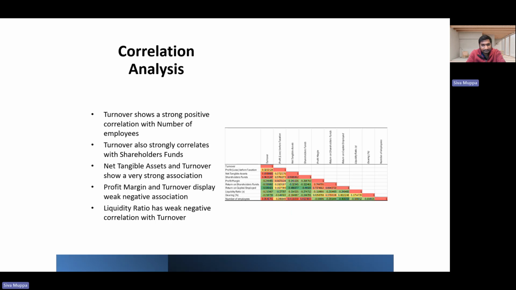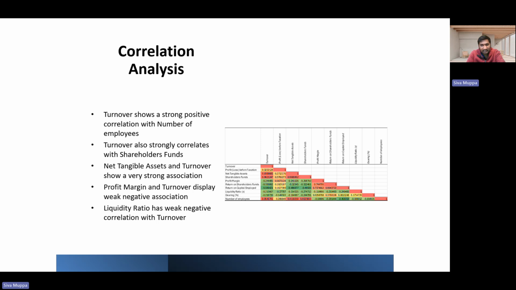Coming to the next slide, the correlation analysis. The correlation matrix indicates that firm scale variables such as number of employees, shareholders' funds, and net tangible assets have strong positive relationships with turnover.